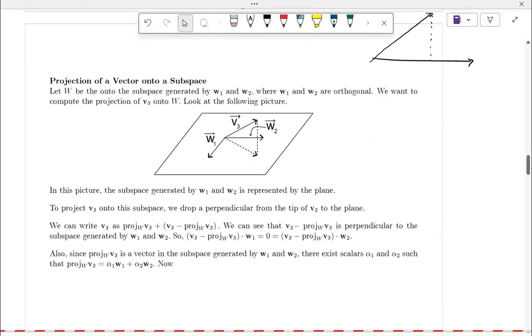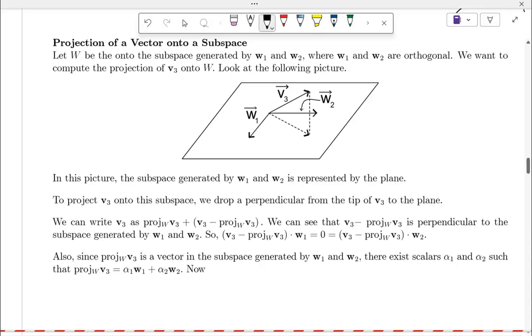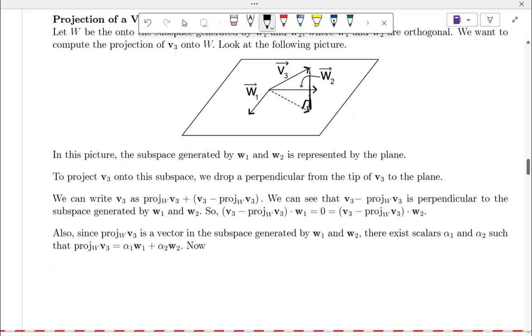So how do we get to that goal? Like I said here, we dropped this perpendicular straight down. So this would be perpendicular this way, right? What I'm going to do is I'm going to write my V3 as a sum of two things. So again, I said that this vector right here would be the projection of V3 onto the subspace.